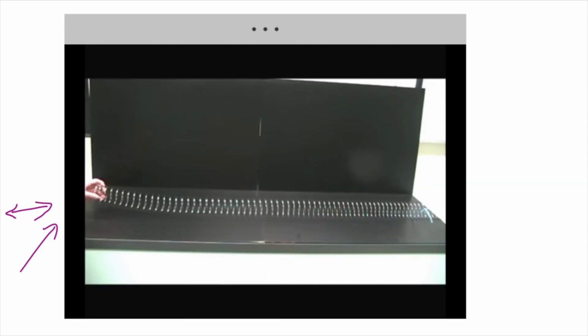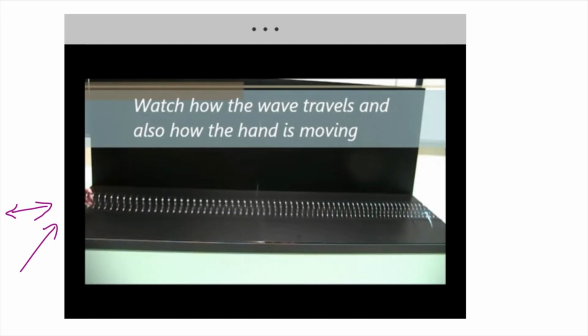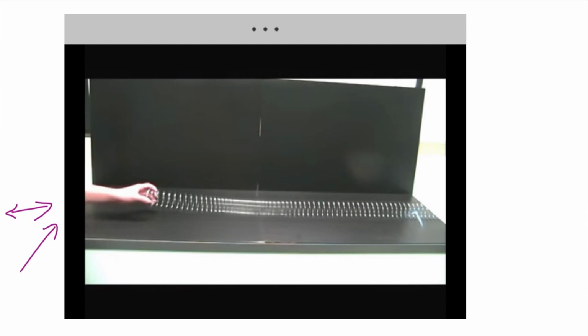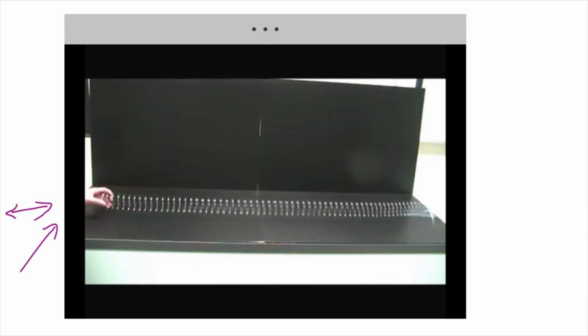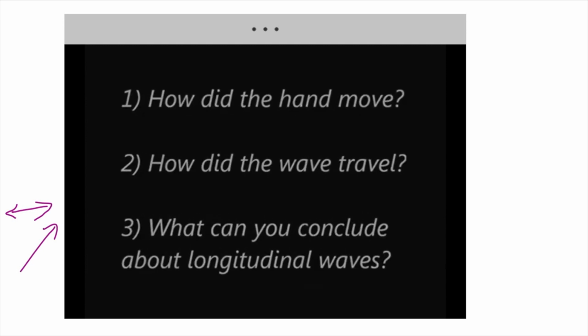So watch again now, as you can see that compression moving down. Watch how the wave travels and also how the hand is moving. We say the wave direction is the same as the vibration direction.